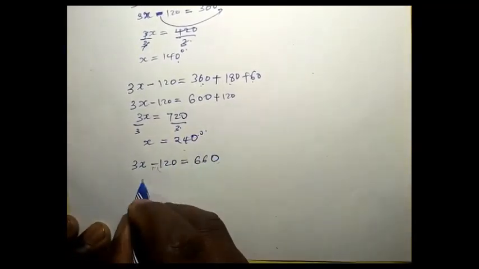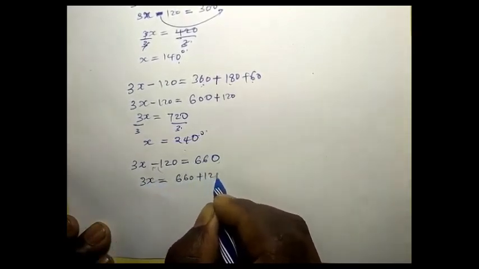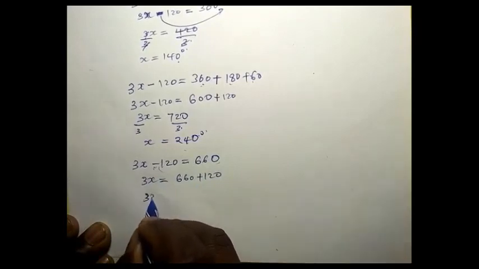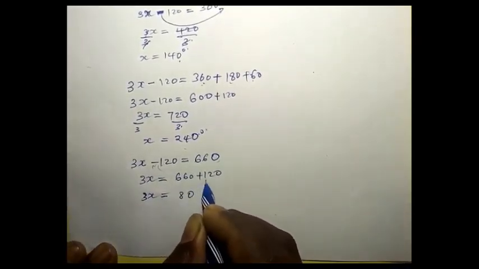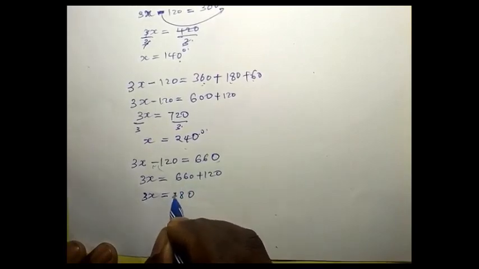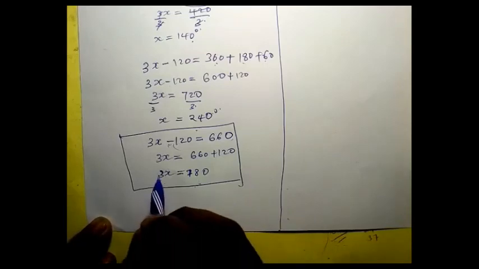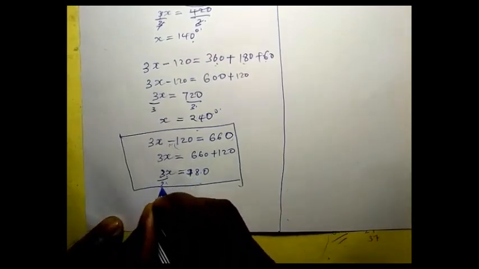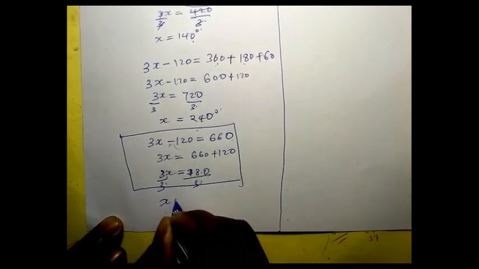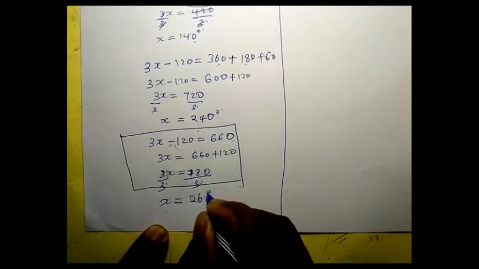Take this one to this side, 3x will be equal to 660 plus 120, so 3x equals 780. We divide by 3 on both sides, so x equals 260 degrees.